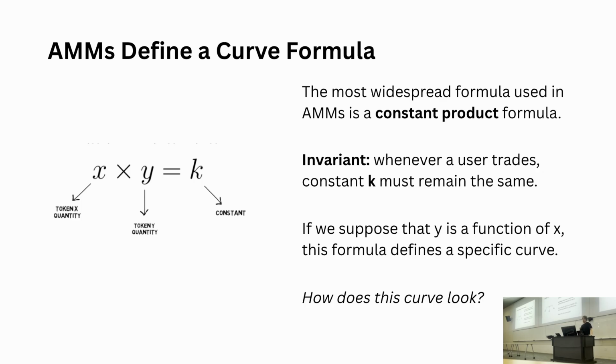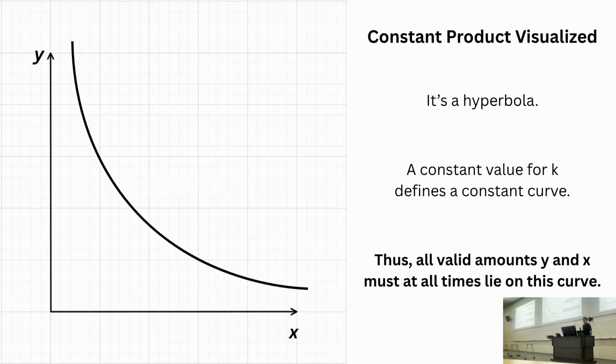The curve X times Y equals K, how does this curve look like? For those math interested people, yeah. It's a hyperbola, exactly. Visually speaking, you should think about it as a hyperbola, that's right. And all the valid amounts for both X and Y, the token quantities, should at all times lie on this curve.